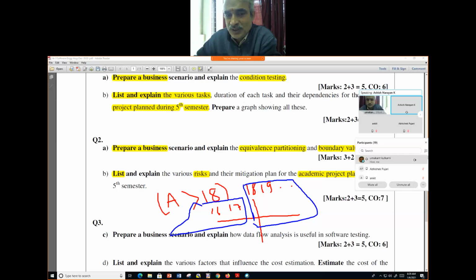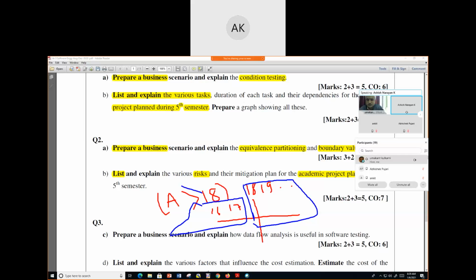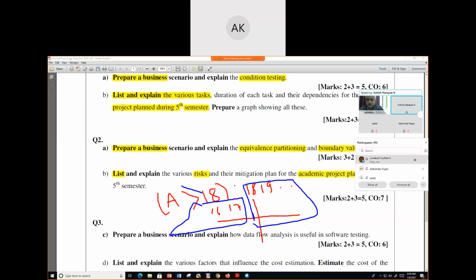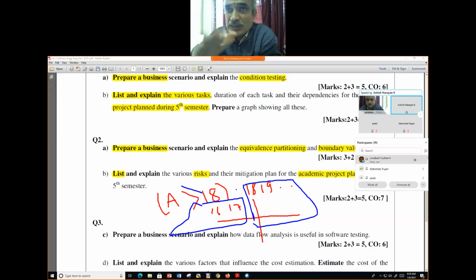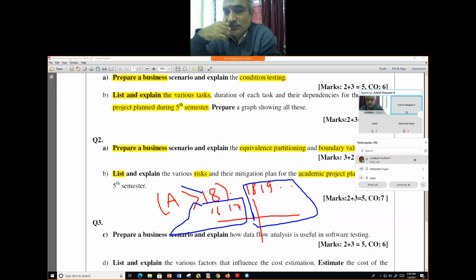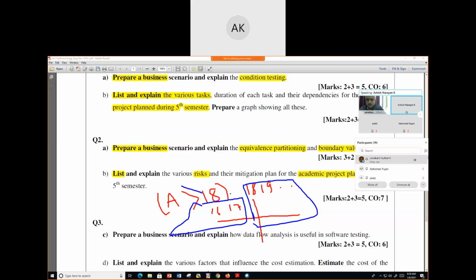By mistake, if people have written age greater than or equal to 18, that is a programming mistake. So we have to check age equal to 18 also. Yes. So boundary analysis will include 3 cases: greater than, less than, and equal. Upper side is a boundary, lower side is a boundary. For every boundary, 2 additional test cases will get added.